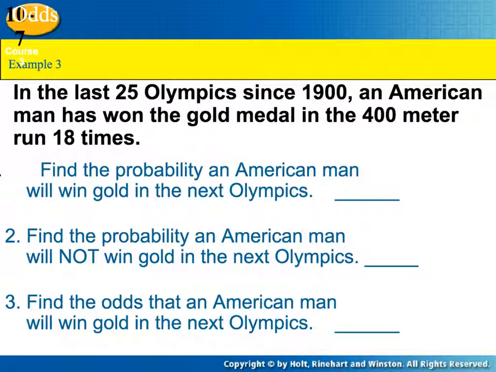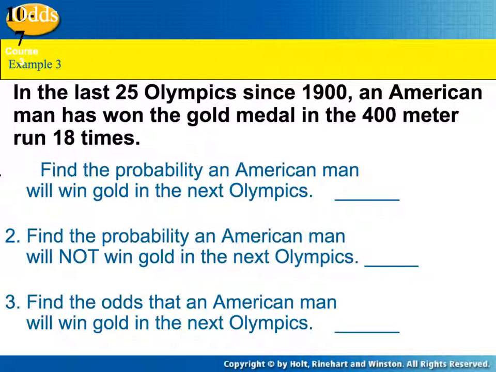All right. So as I look at this, it says in the last 25 Olympics since 1900, an American man has won the gold in the 400-meter run 18 times. Find the probability of an American man will win the gold in the next Olympics.